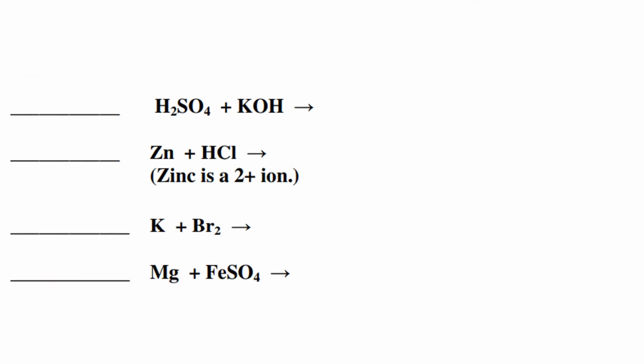Okay. Again, you can put the video on pause, and hopefully you can try and do these ones right here. And yeah, so here we have H2SO4, which is an acid. This one right here, we have a base. And so what's going to happen is that it's going to produce water and salt.